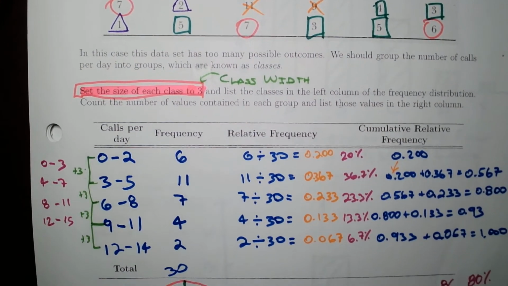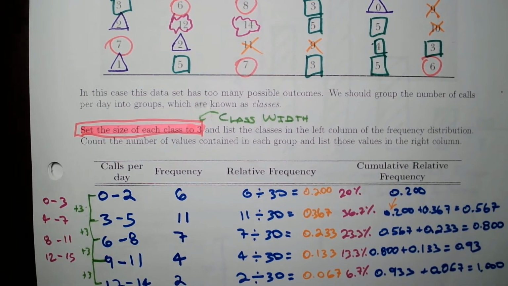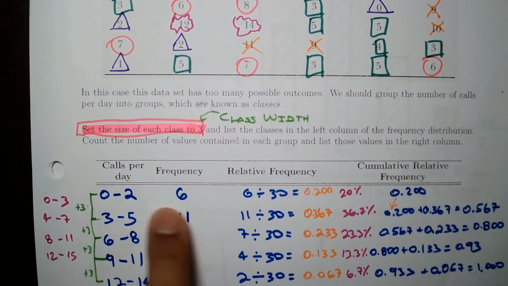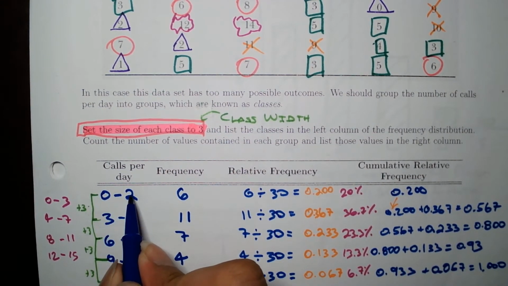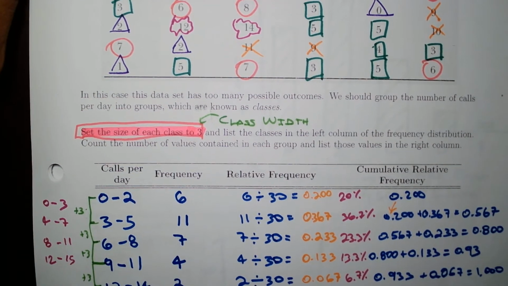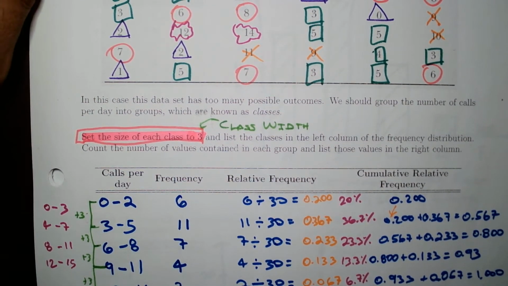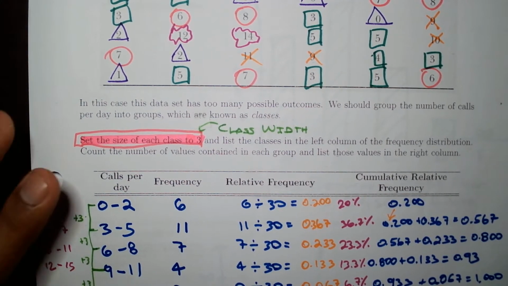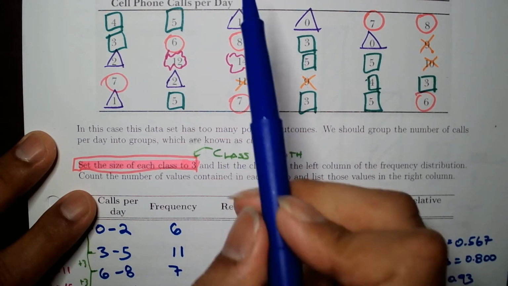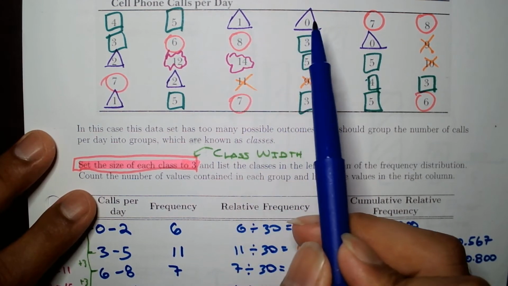And then what are we going to do? This time, instead of looking for only zeros and giving them their own class, we're going to look for all zeros, ones, and twos. For the zeros, ones, and twos, I tallied this using this purple triangle.